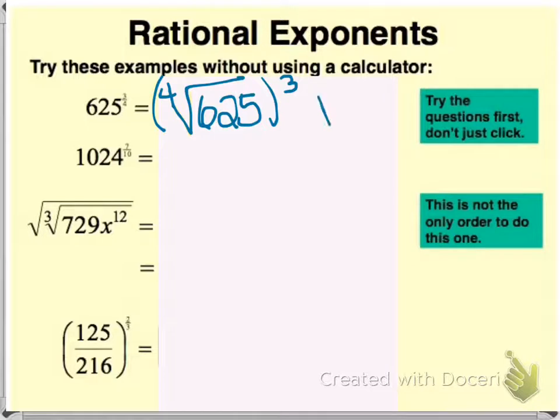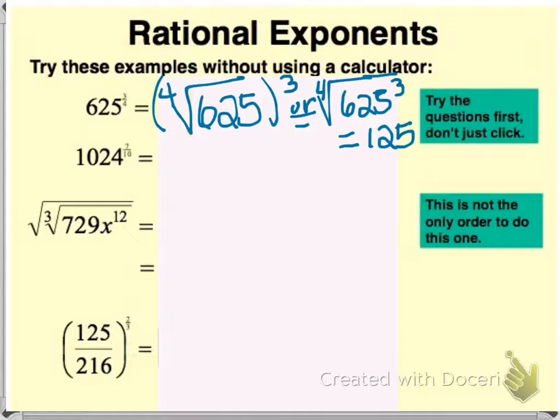I could write it as the 4th root of 625 to the 3rd, which I usually will do if it's a variable and I can't simplify it anyway, but either way is fine. And then the 4th root of 625 is 5, and 5 to the 3rd equals 125, so this simplifies to 125.